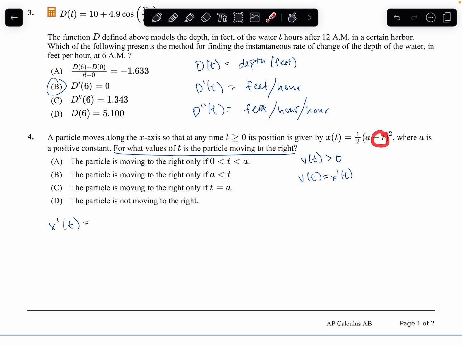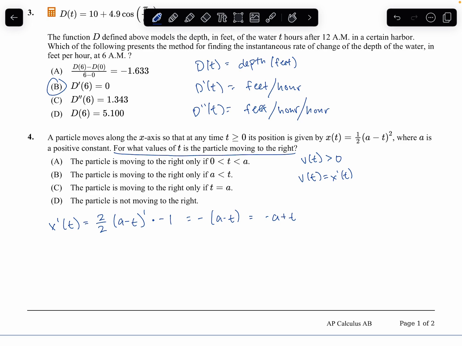So t is the variable we're taking the derivative with respect to. So we're going to bring that 2 down. That becomes 2 over 2, a minus t to the first power times -1 because that's the derivative of the inside. Okay, so then this just comes out to be negative a minus t, which I guess you can say is negative a plus t.